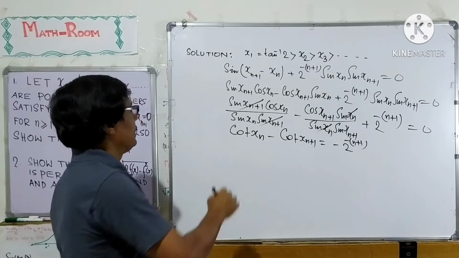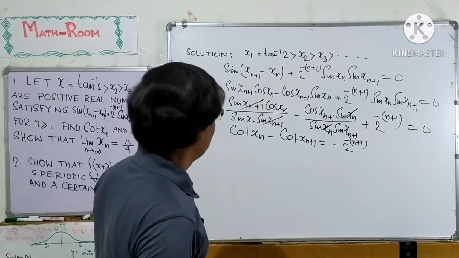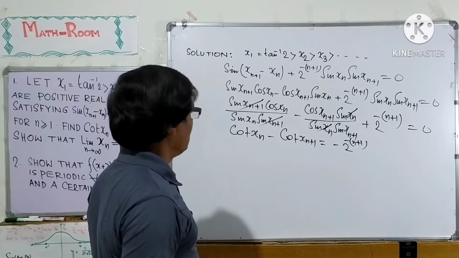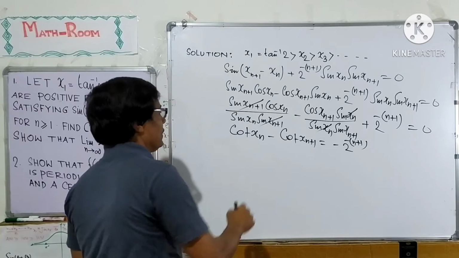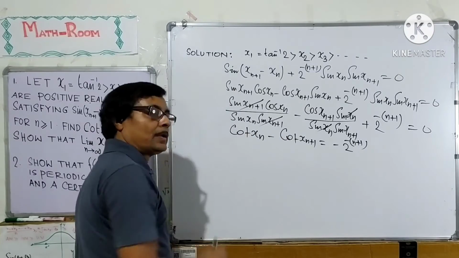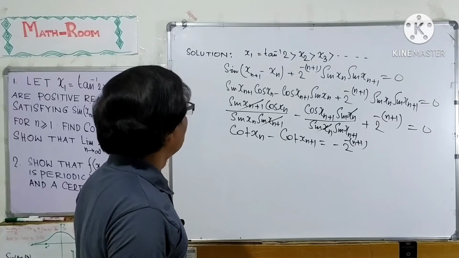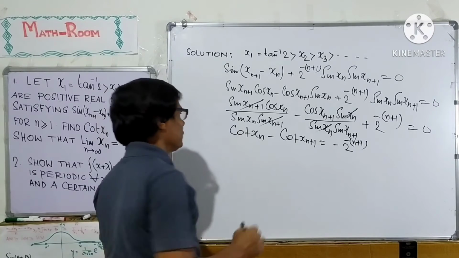This is the recurrence relation. We have got a recurrence relation of cot x_n. Here we can put n equal to 1, 2 and so on.